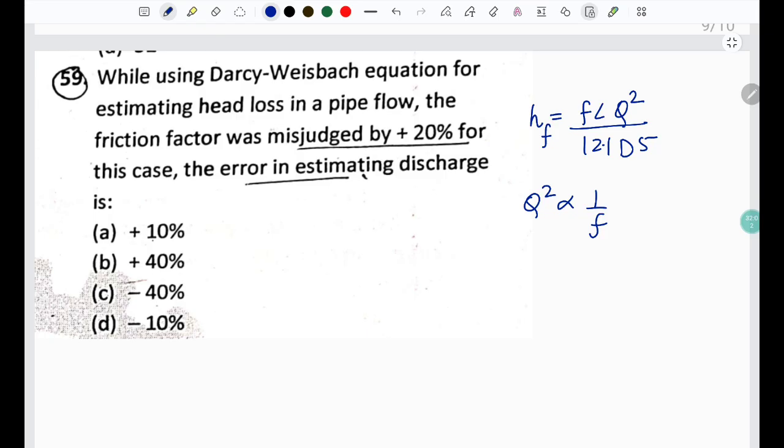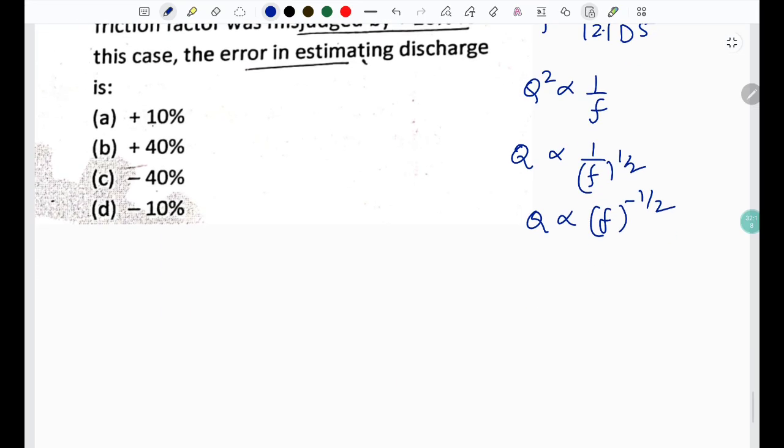or one can say that discharge is inversely proportional to root f, or discharge is directly proportional to f to the power minus 1 by 2. Now using log, I can say ln Q is minus 1 by 2 ln f plus constant.